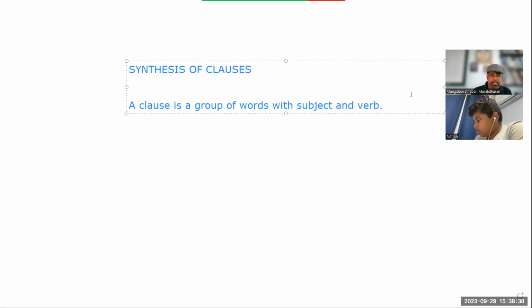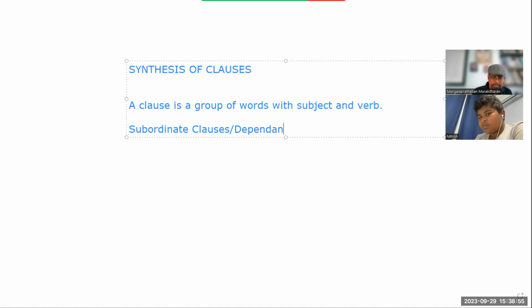Let's go further. Then there's something called subordinate clauses, and these subordinate clauses are also called dependent clauses. Okay, what are they?